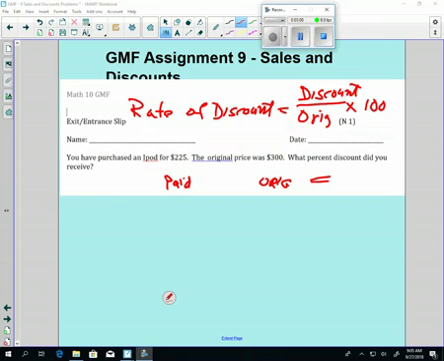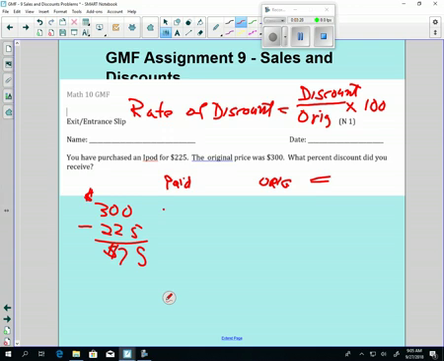Okay, so the original price was $300. You paid $225. How much money did you save? How much was the difference? So you just subtract the two. So you saved $75. That was the discount.